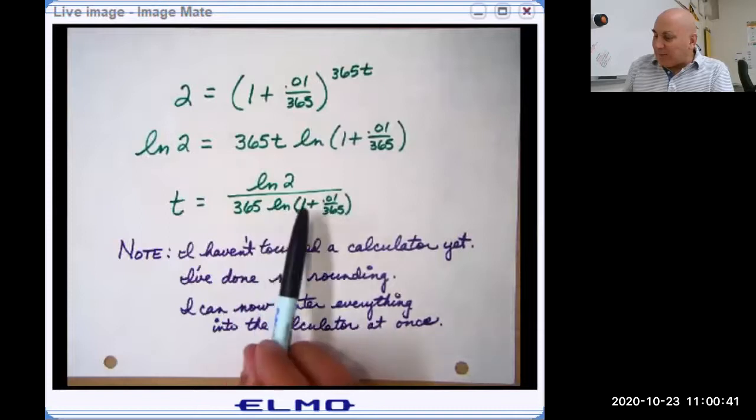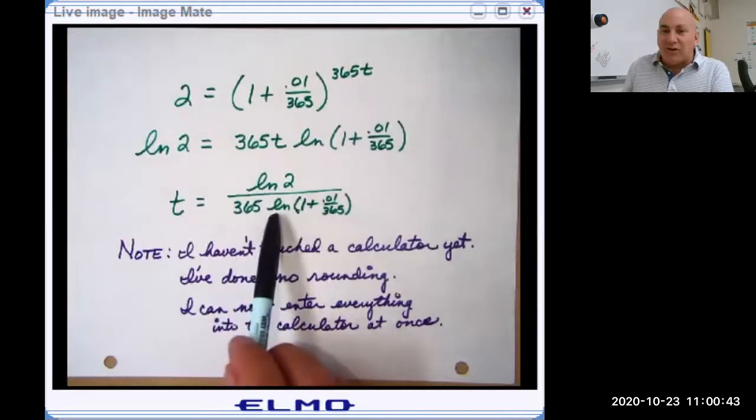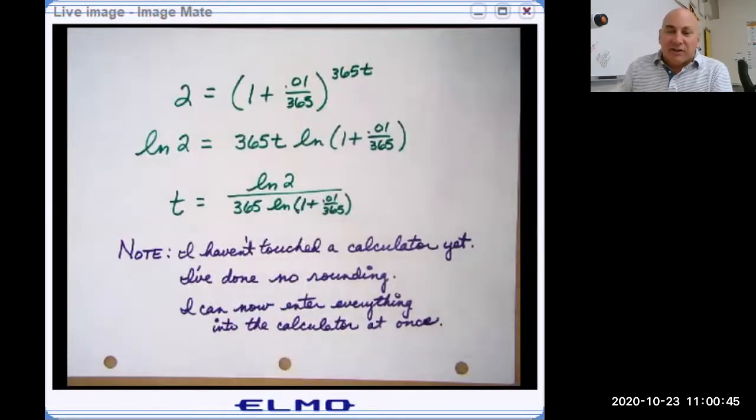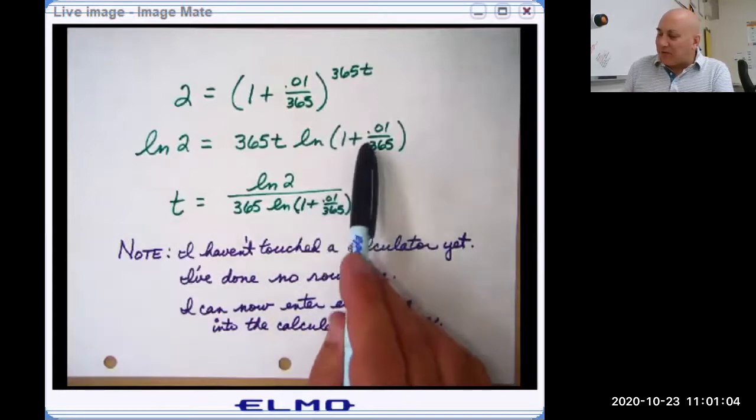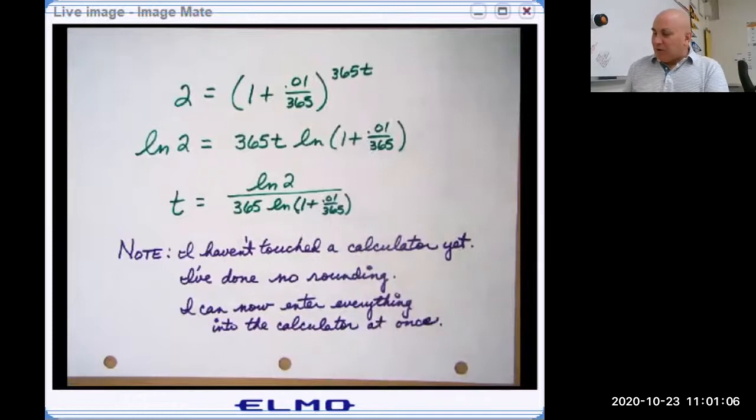Now I can substitute this, or I can use a calculator on this all at once. The calculator will carry everything out to 9 decimal places or however much. There'll be no rounding at all, beyond what the calculator does. And I can round the final answer, and that'll be much more precise than doing these interim calculations and rounding them.